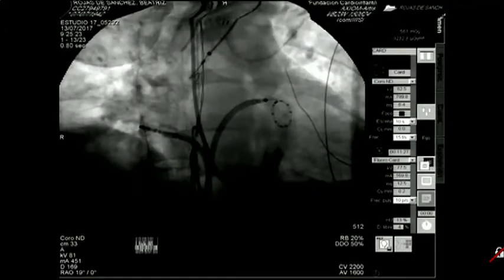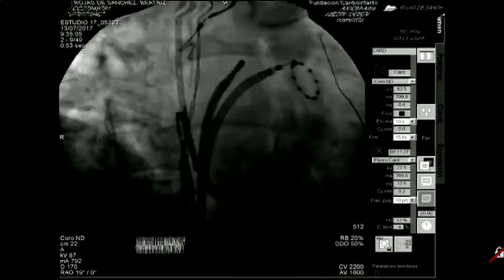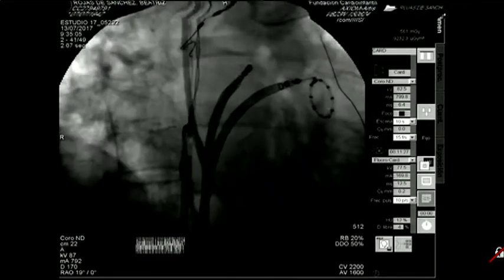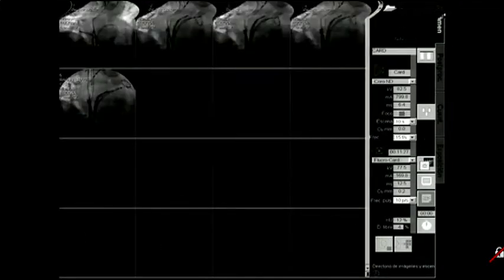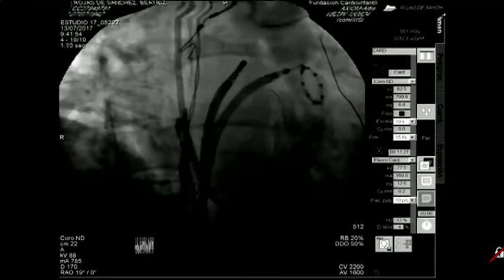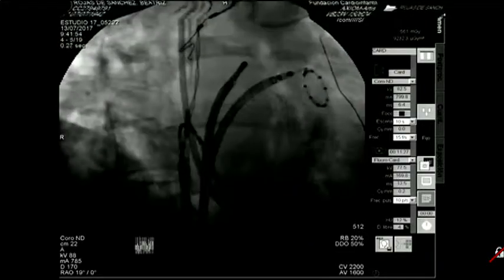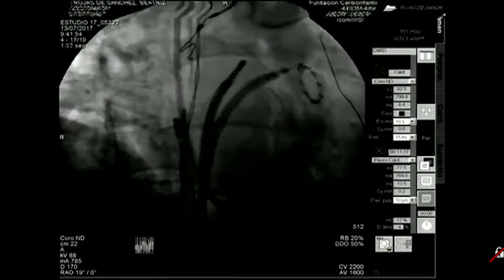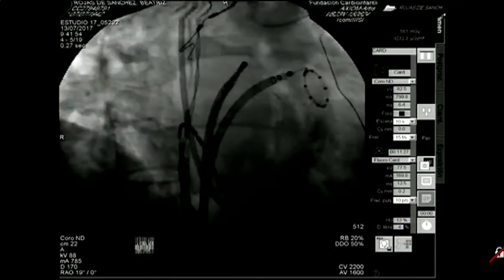And once we have the catheter in the ostium of Marshall's vein, we advance an angioplasty guide with a preloaded balloon. We chose a 2.25 balloon or 1.5, I don't remember. And we placed the guide wire in the Marshall vein and then the balloon.